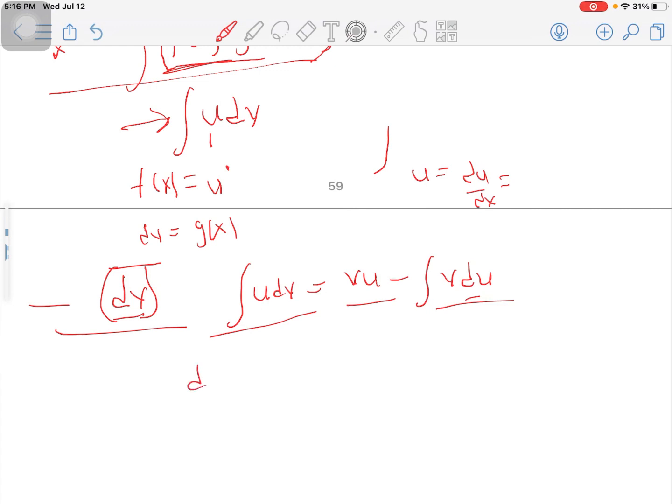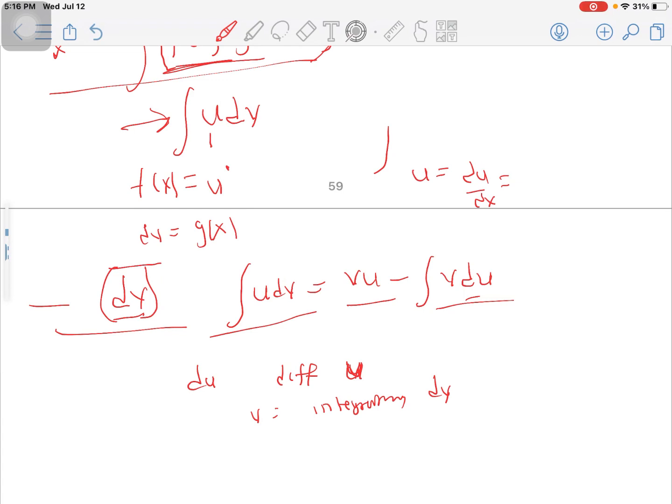So I will simply say that you find your du by differentiating your u, and then find your v by integrating your dv. As simple as that.